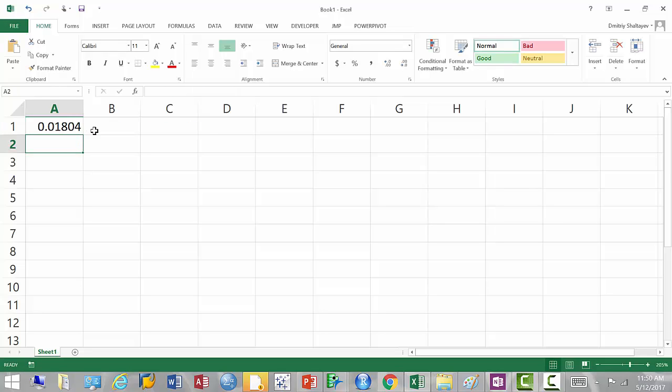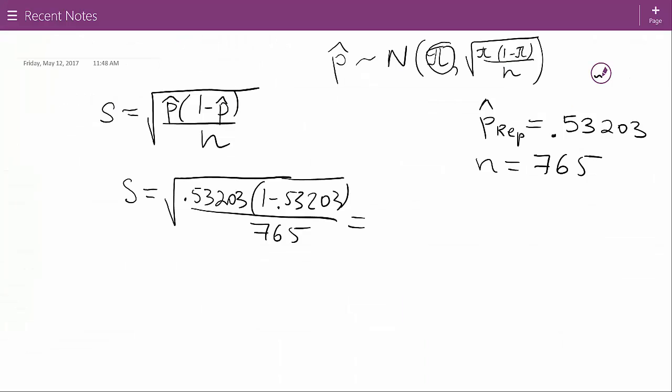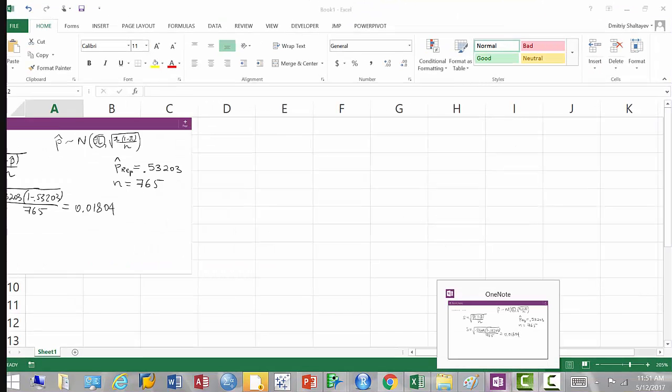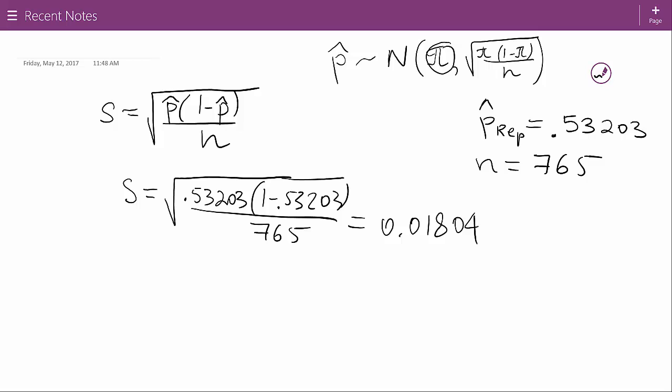And that would be 0.01804. Is that it? Did I get it correctly? Yes. Okay, good.